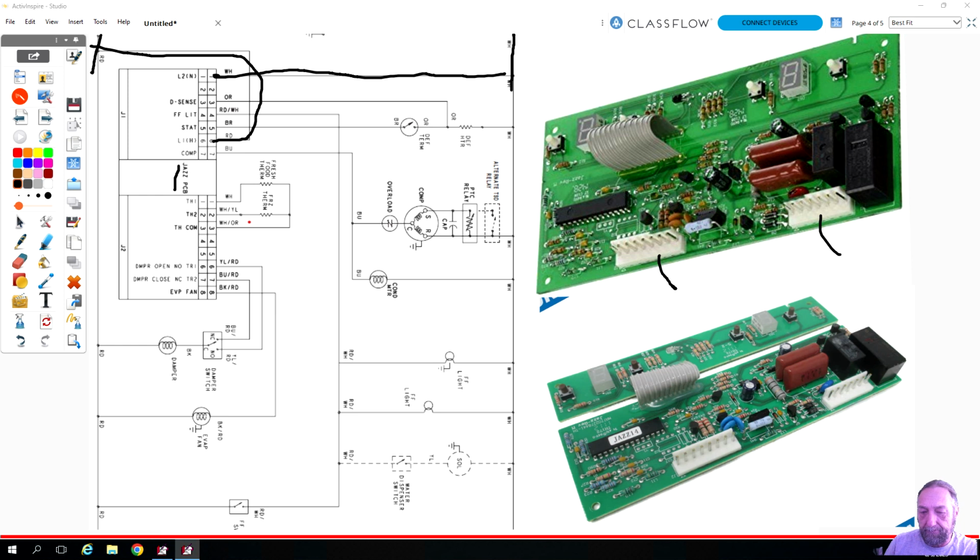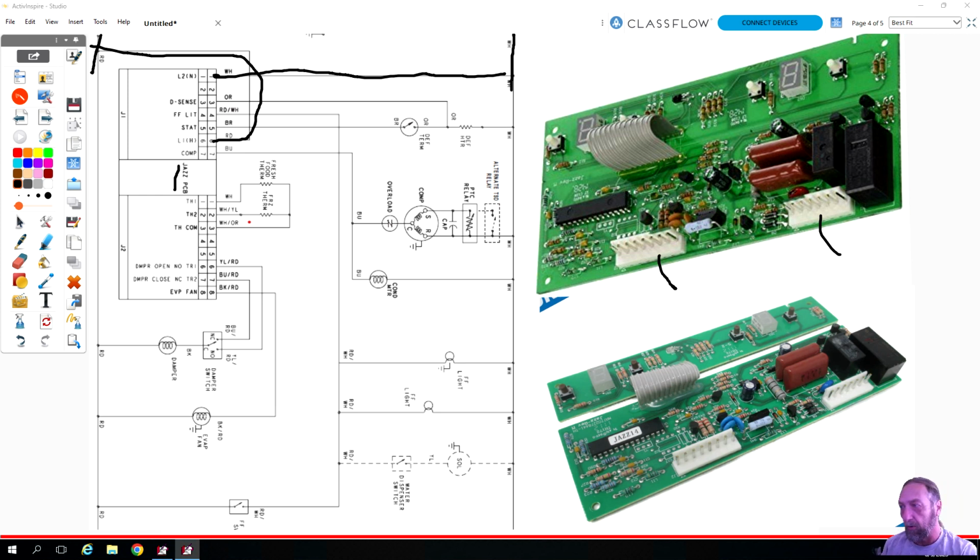But what if I took this neutral wire here off the light? I'm going to try something here. Hope I didn't break a bulb. And I'm going to take the red wire off the light switch.